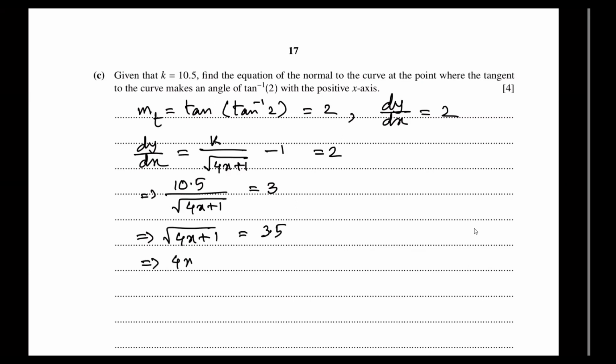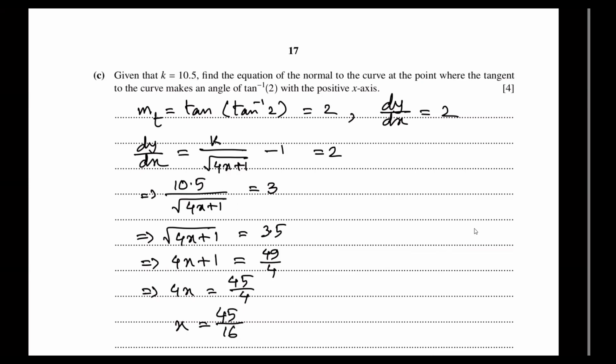So 4x plus 1 is 49 by 4, 4x equals 45 by 4, x equals 15 by 4.